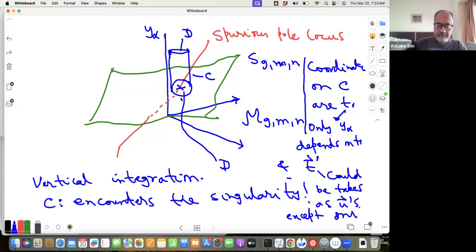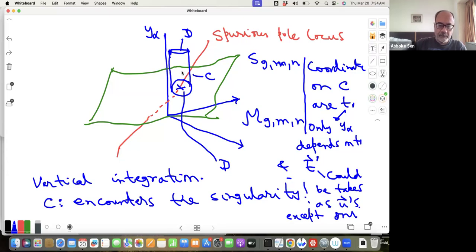Because as far as this direction is concerned, the T prime basically labels the circumference direction. In this case, it looks one dimensional, but that's because the cylinder itself is two dimensional. But in general, it will have one less dimension than the dimension of SGMN, because one of the directions is the vertical direction. So this is the reason why it's called vertical integration.